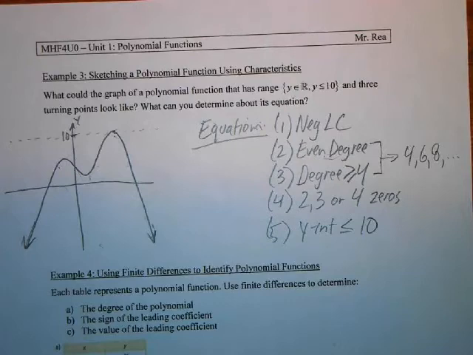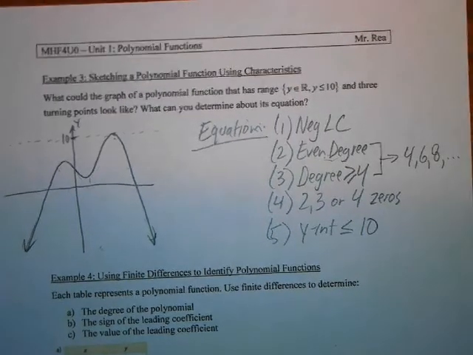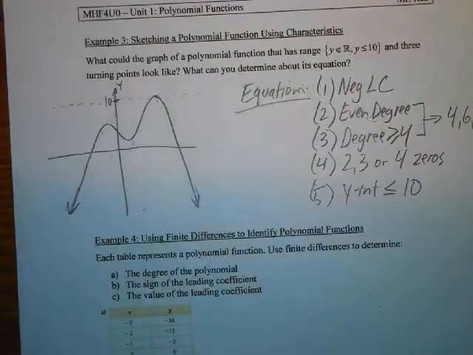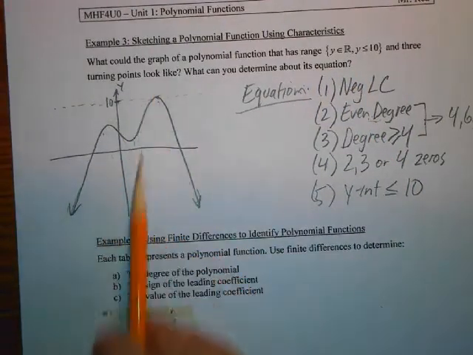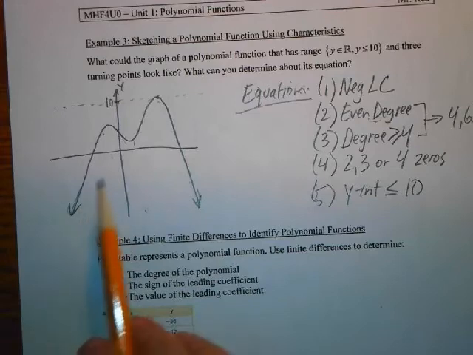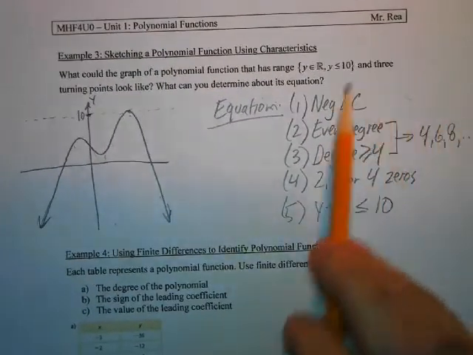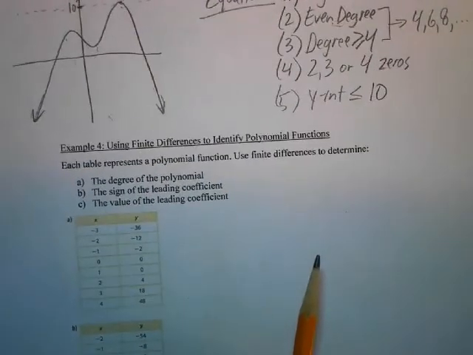Okay, and I think that's all we can tell. But just by basing it on the fact that we knew what the range was and we knew the number of turning points, it's actually kind of surprising that we can get that much information from so little given to us.